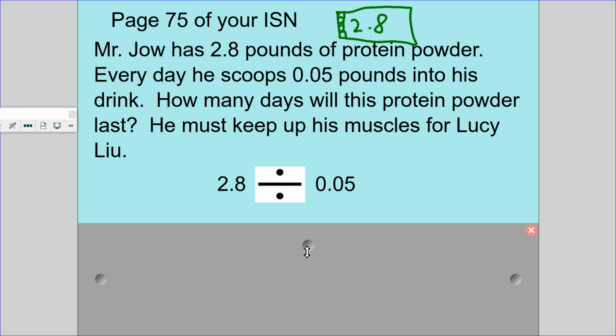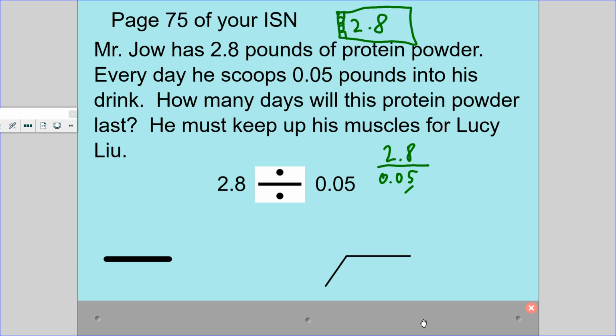So it's 2 and 8 tenths divided by 500 thousandths. How would you write this as a fraction? 2 and 8 tenths divided by 500 thousandths.